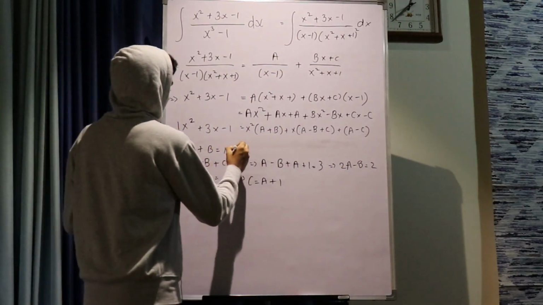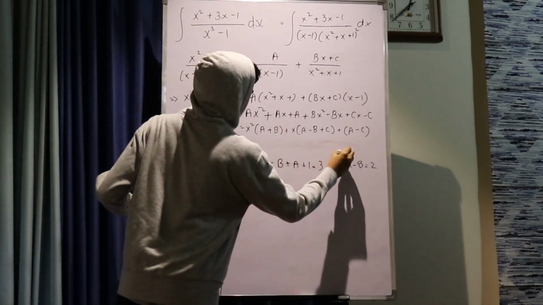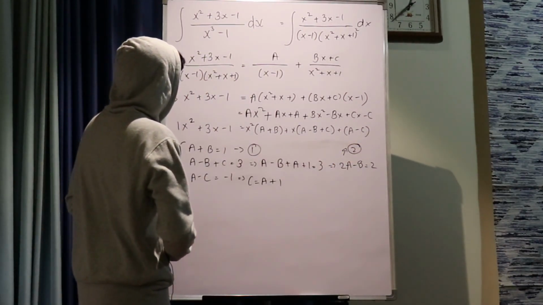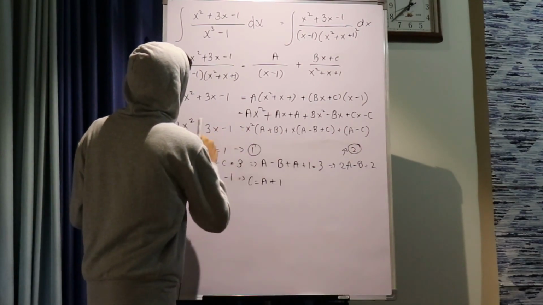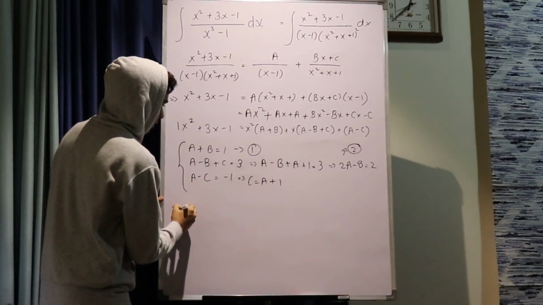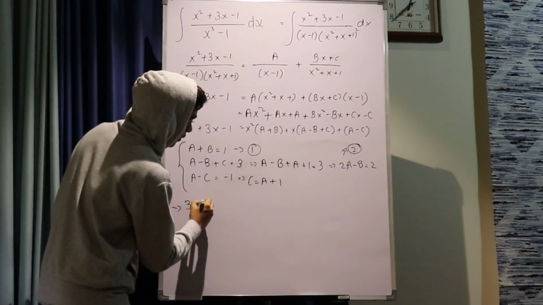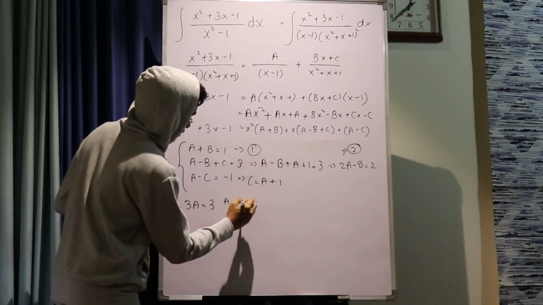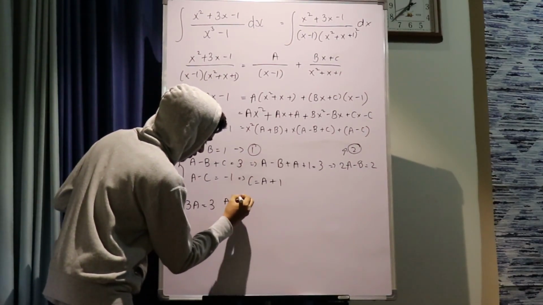So now we can take this equation and this equation and then eliminate. It's pretty simple. We can just subtract the second equation from the first. The b's get canceled out. So we finally end up with 3a equals 3. So a equals 1.